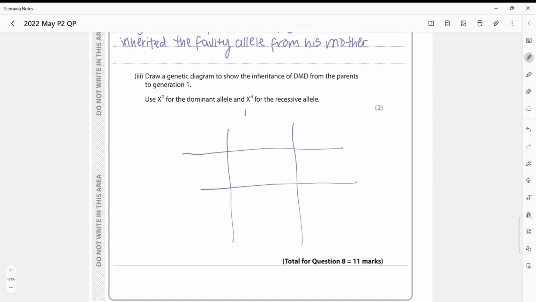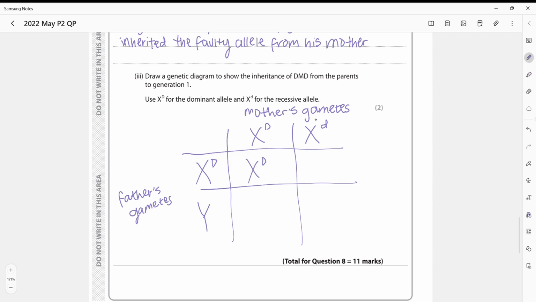So we've got the mother's gametes, XD, Xd. And then we have the father's gametes. So that is XD. Oh, sorry, that should be a dominant allele because he is healthy. And this is what we would get.